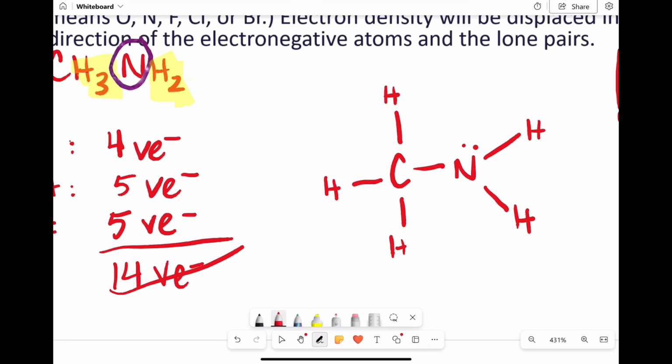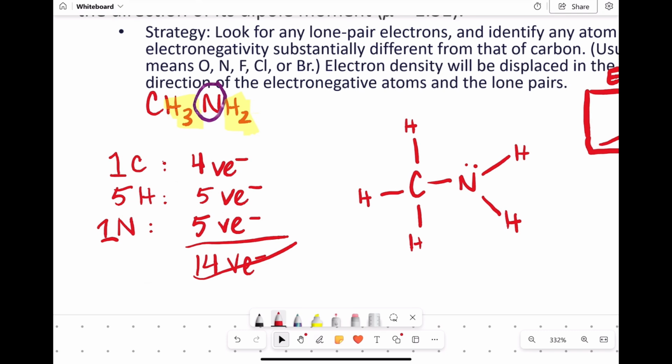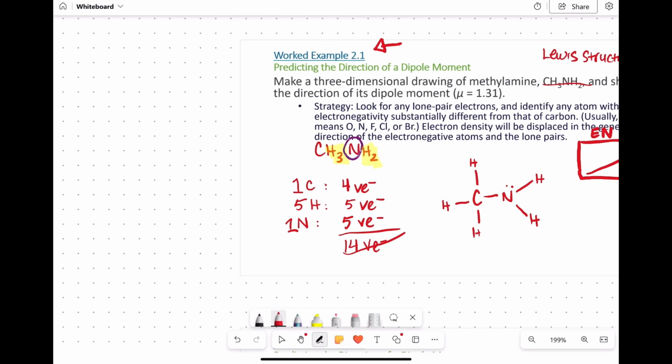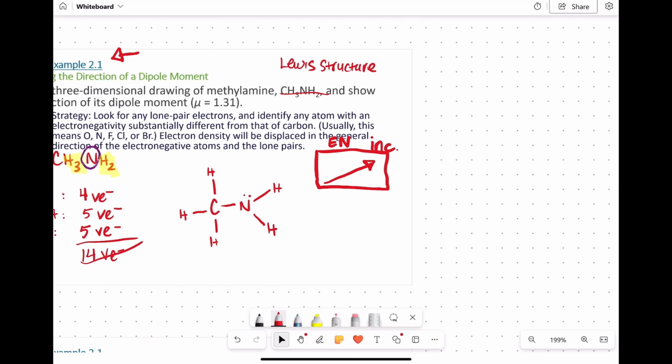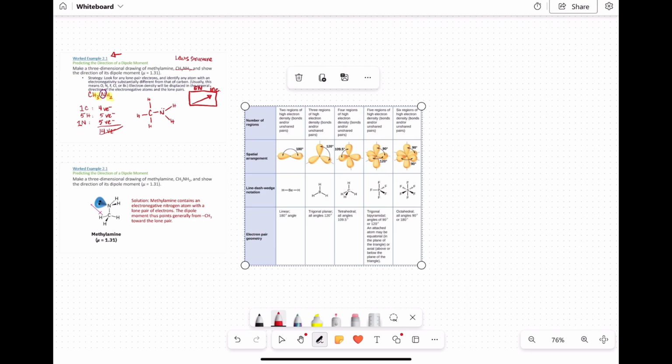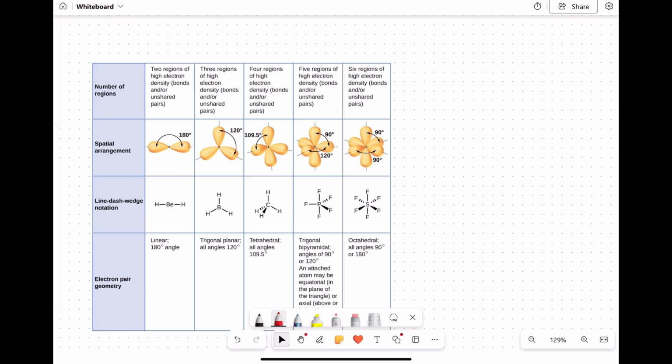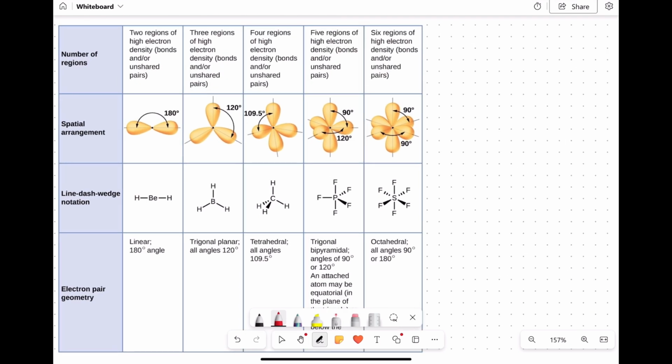So I am going to go ahead and paste our geometries here so that we can review this briefly right before going into assigning the shapes to each section of this compound.